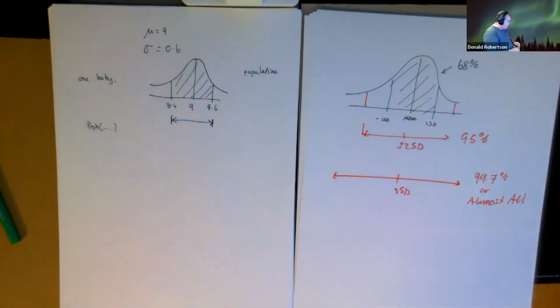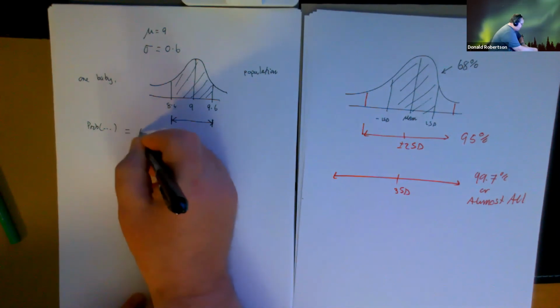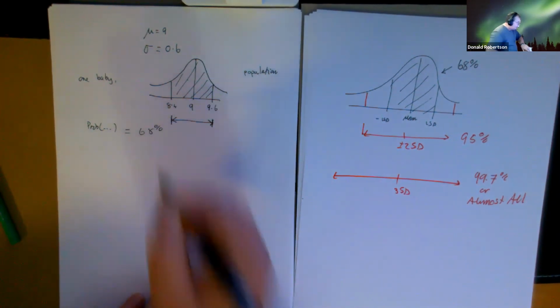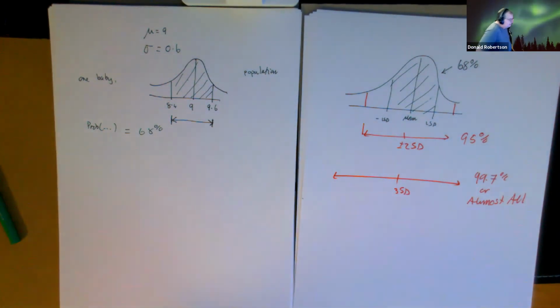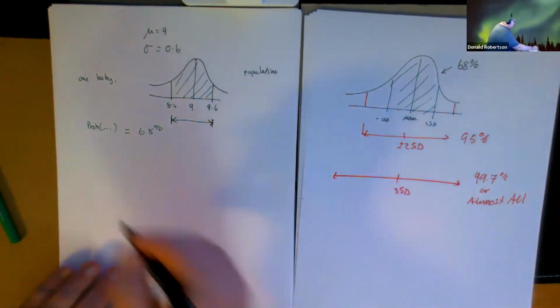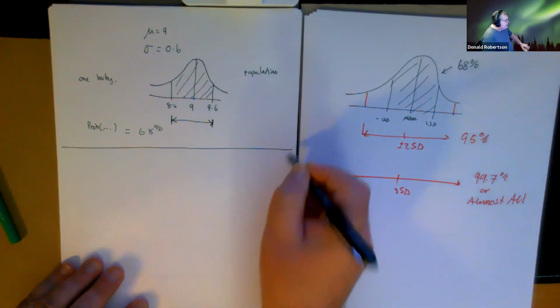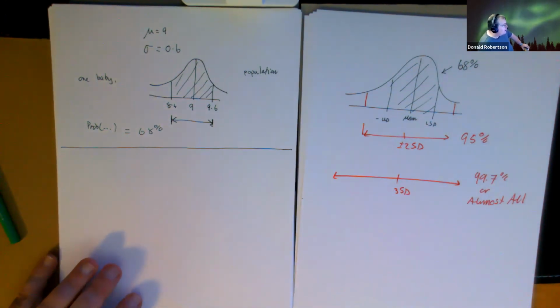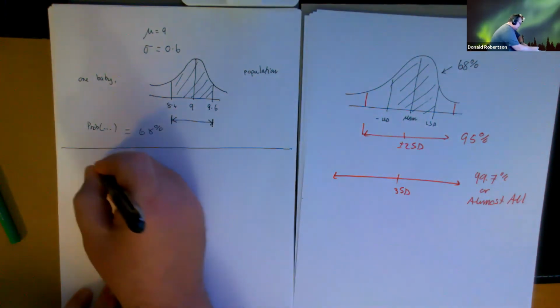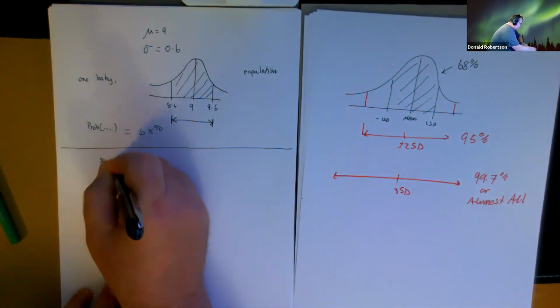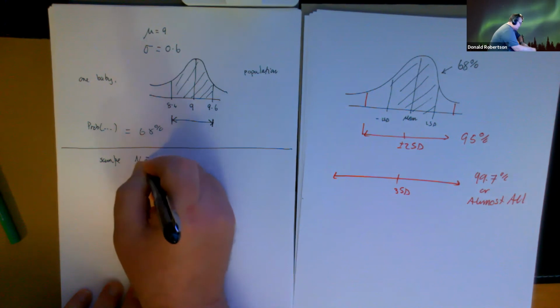So in this question here, 68%. What's the probability that the average of 9 babies will do that? Now we are taking a sample of 9 babies.